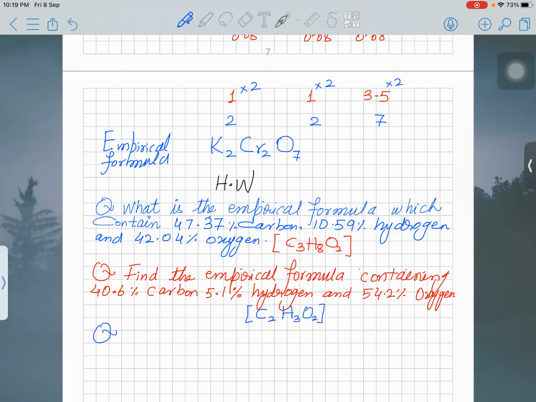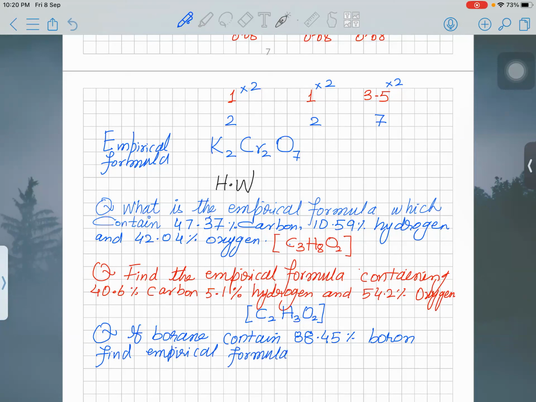Next question. If borane contains 88.45% boron, find the empirical formula of borane.